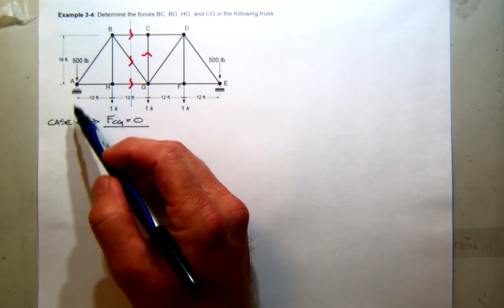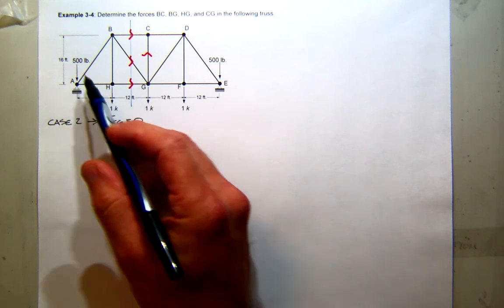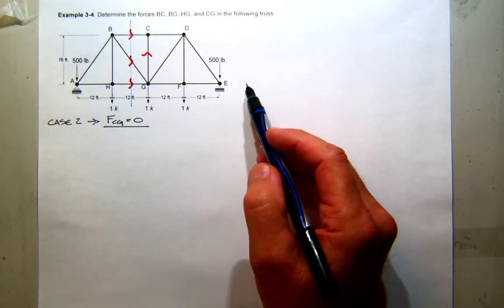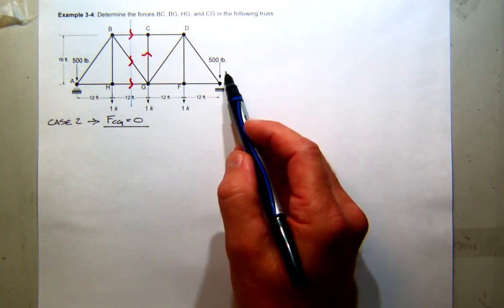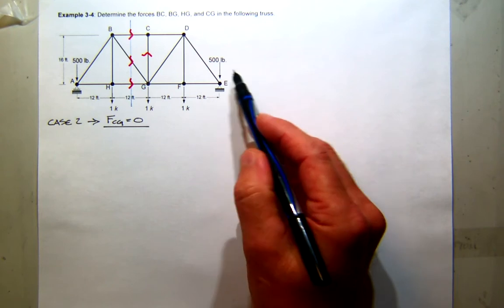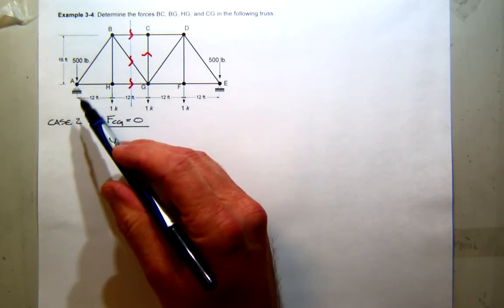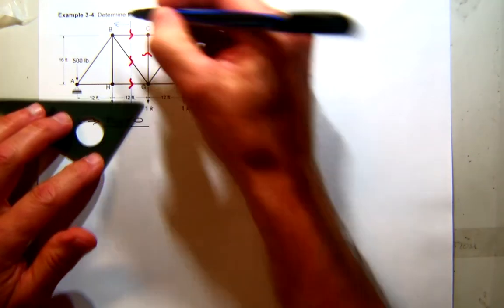So there would just be a Y reaction at A. And also, looking at just the left side, I would just have 1, 2 applied forces to keep track of. If I work the right-hand side, again, I would have 1, 2, 3 applied forces, and I'd have to find 2 reactions. So there is a little less work done using the left side. So I'll just indicate that.